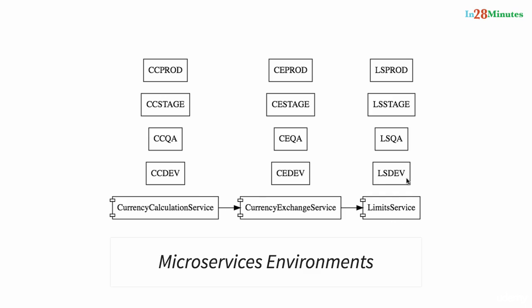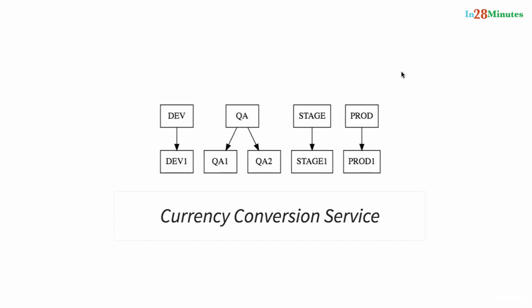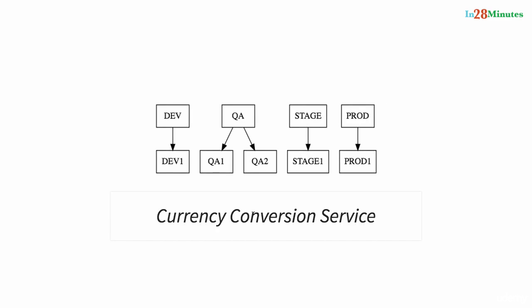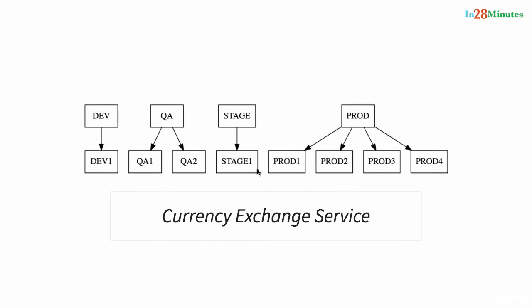The thing is, there are multiple environments for each of these microservices. For example, the currency conversion service might be having two QA environments and one each of all others. The currency exchange service might have a lot of load on it, and it has 4 production environments and 2 QA environments.